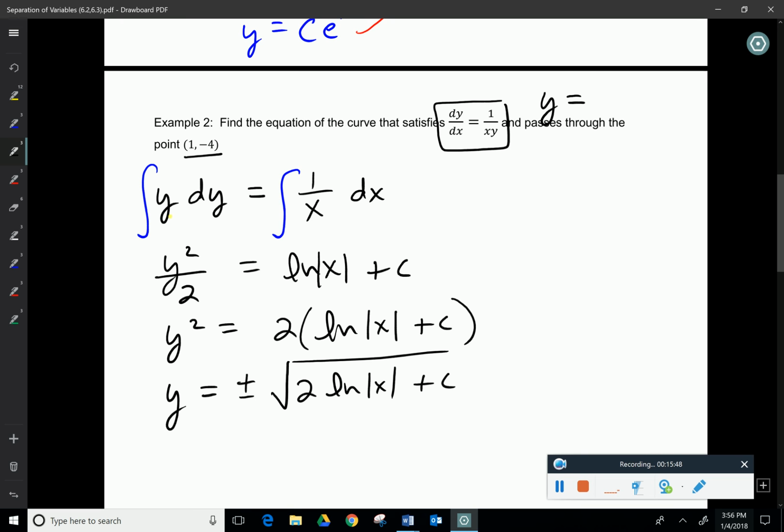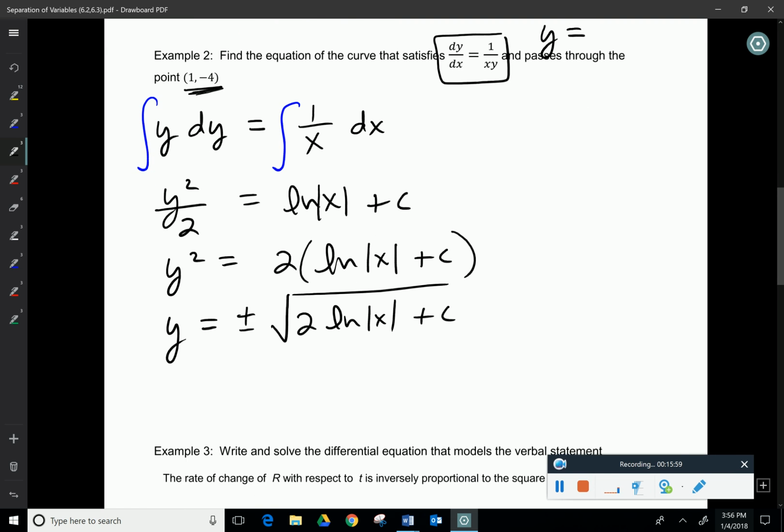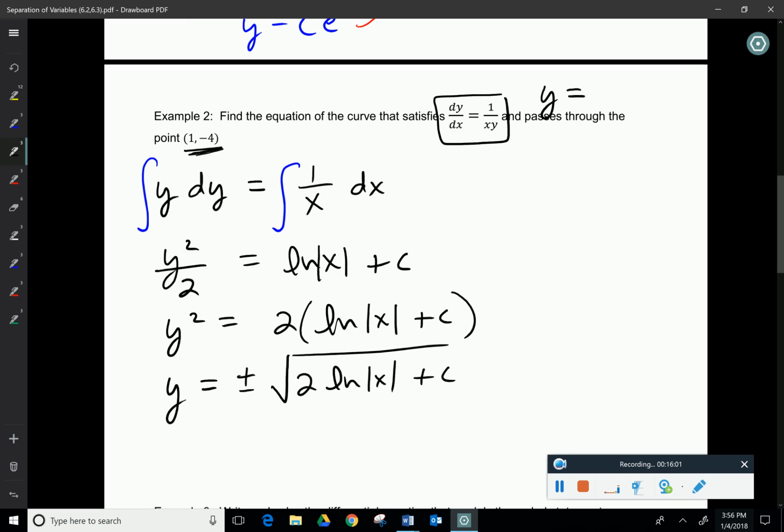Now, that's my general solution, right? Because that's just the generic plus c. If I want to find the particular, the actual equation that goes through this point, I'm going to need to plug in my ordered pair. So I'm going to plug in my -4 for y. Let's see, I'll do it up here. So -4 goes in for y equals, now for now, I'm just going to ignore this plus or minus and we'll come back to it.